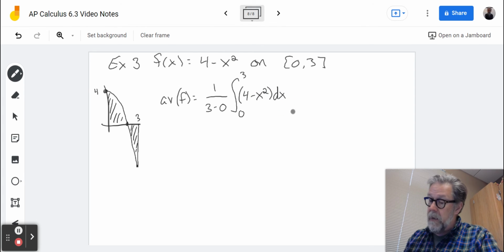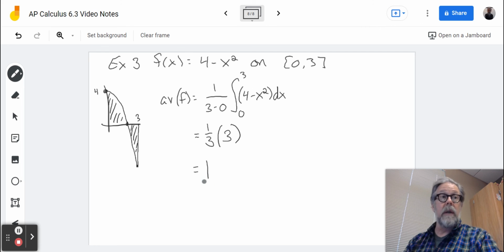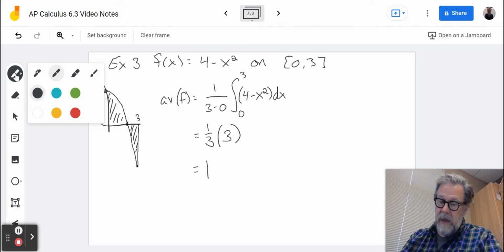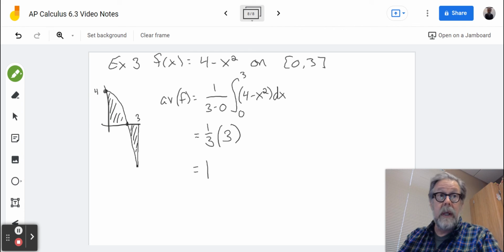I can plug this into my calculator because using my numeric integration program, I get that shaded area is 3, which means that the average value of this function is 1. So let's take a look at where that is. The average value of this function is 1. So that's this right here.